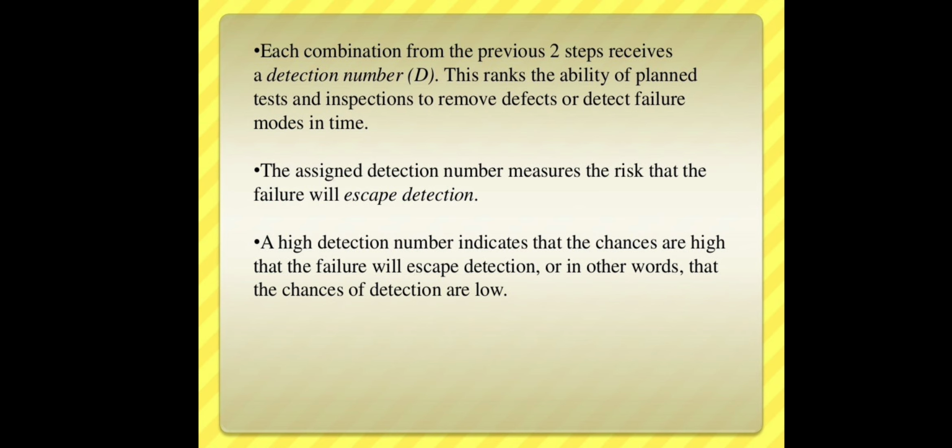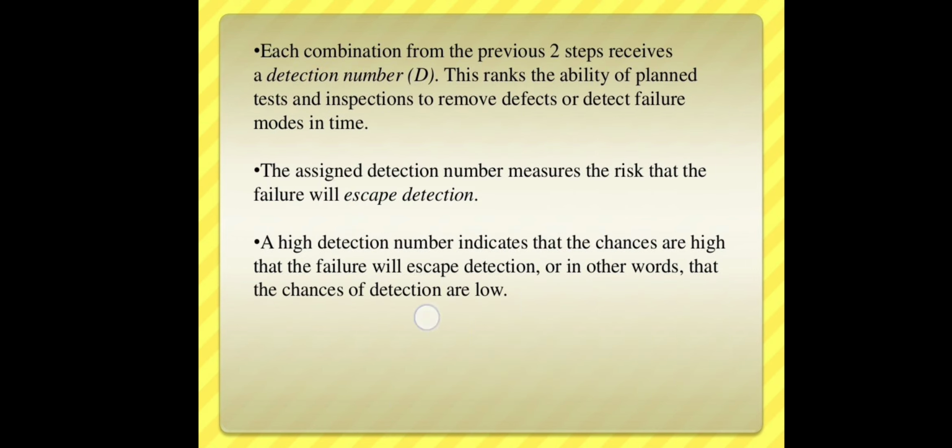This ranks the ability of the plan, test or inspection to remove the defect or detect the failure mode in time. The detection number measures the risk that the failure will escape detection. A high detection number indicates the chances are high that the failure will escape detection, in other words, the chances of detection are low.